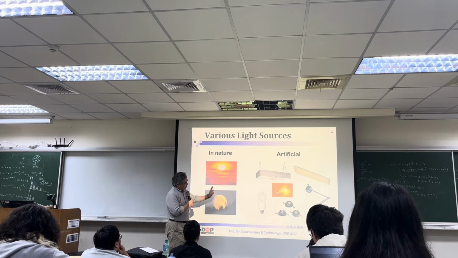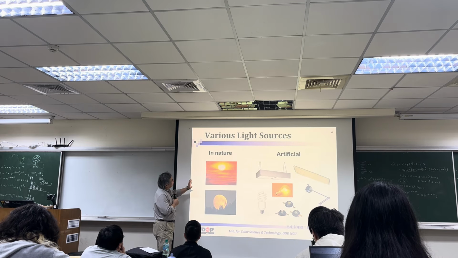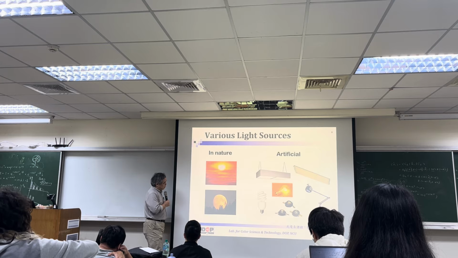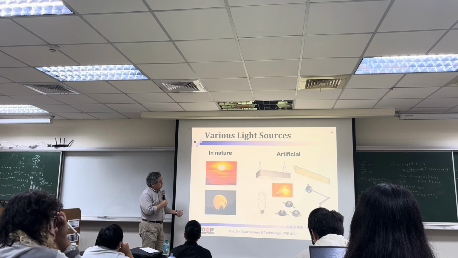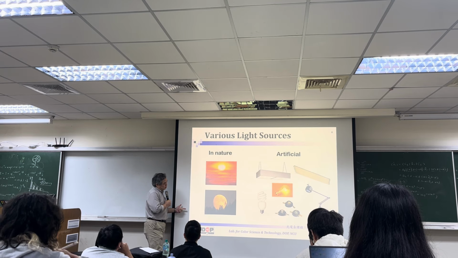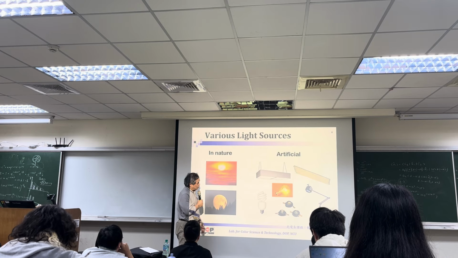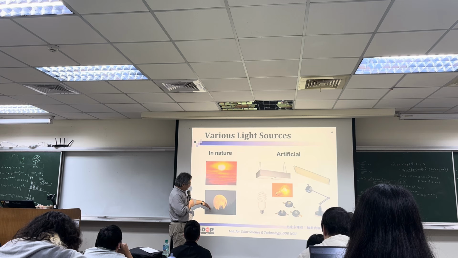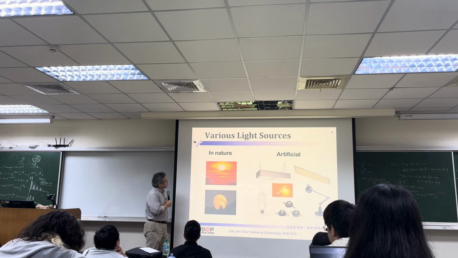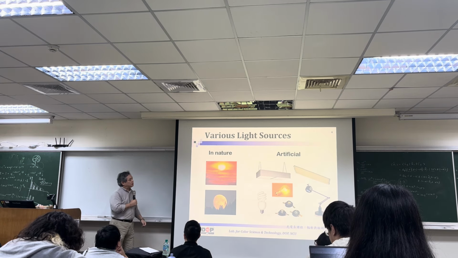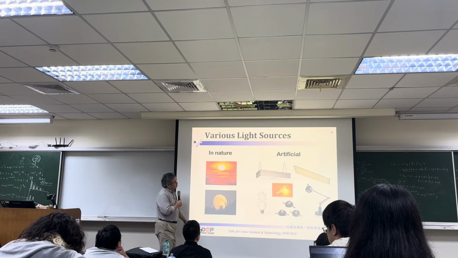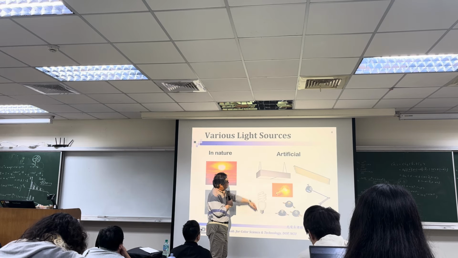You must take care about the difference between the natural light source and the artificial light source. One is that the spectrum compositions are different from each other. The other one is the brightness level. The brightness level of the sunlight is much higher than common artificial light sources.